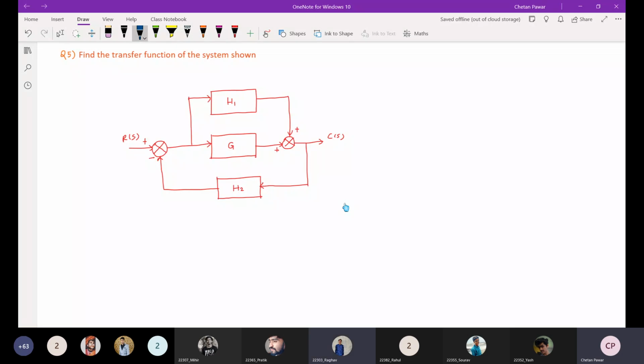The one with the feedback H1 is the inner loop. But there is a rule: when you reduce the inner loop, there should be no takeoff point and summing element inside the loop. Here there is a takeoff point and here there is a summing point. How can you reduce the inner loop then?